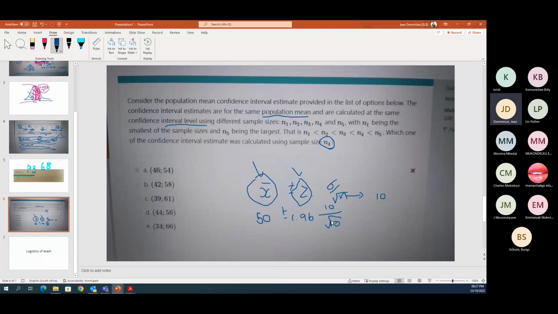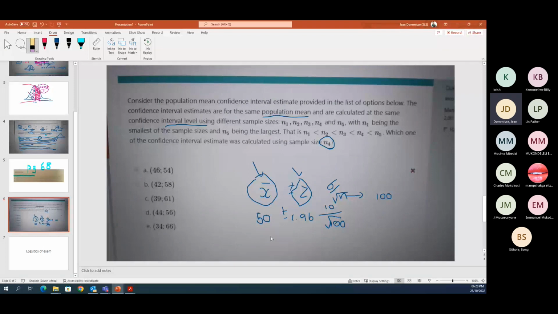So 10 divided by the square root of 10. Let's do it differently. Let's make it 100, just easier for me to calculate. So it will be 10 divided by 10, because the square root of 100 is 10. So that will be in the end 1, 1 times 1.96.